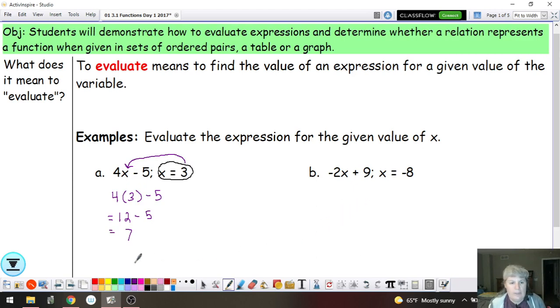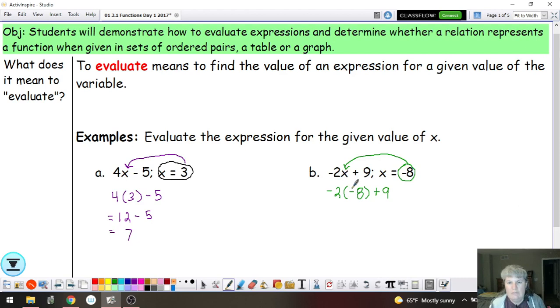When we take a look at example B, I know that x equals negative 8, so we're going to take this negative 8 and substitute it for the x, so we're going to have negative 2 times negative 8 plus 9. Pay attention to these signs.